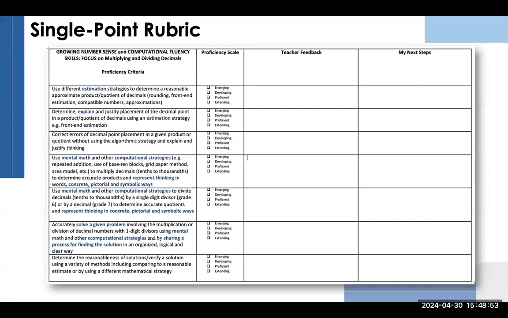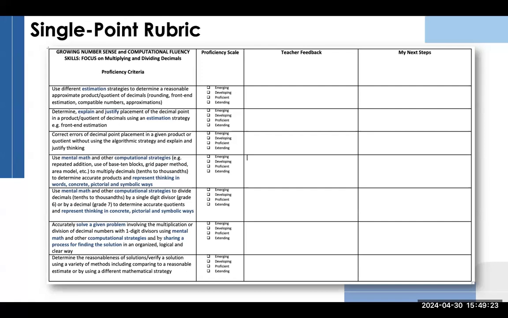So once we have proficiency indicators, one option for building an assessment tool is to stop right there and to create something called a single point rubric, where we list the proficiency indicators on the left-hand side and use that as a gauge when we're assessing student understanding and evidence of learning. So this is only one example of what a template of a single point rubric could look like.